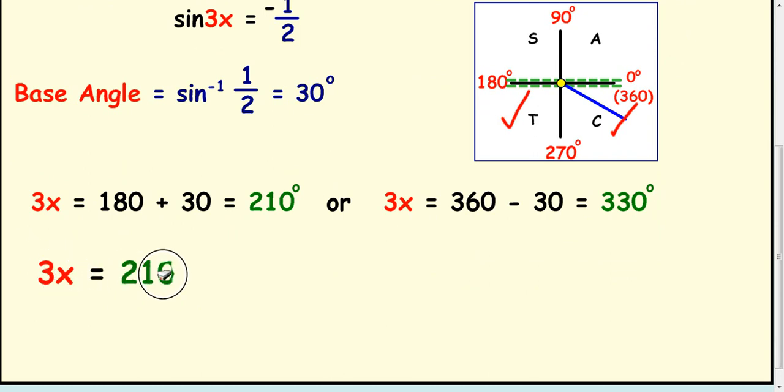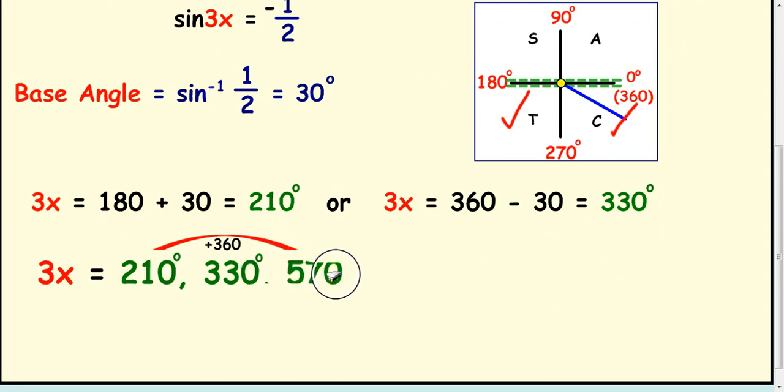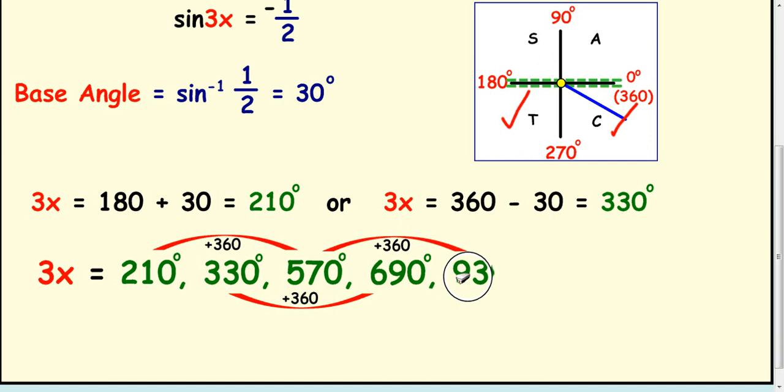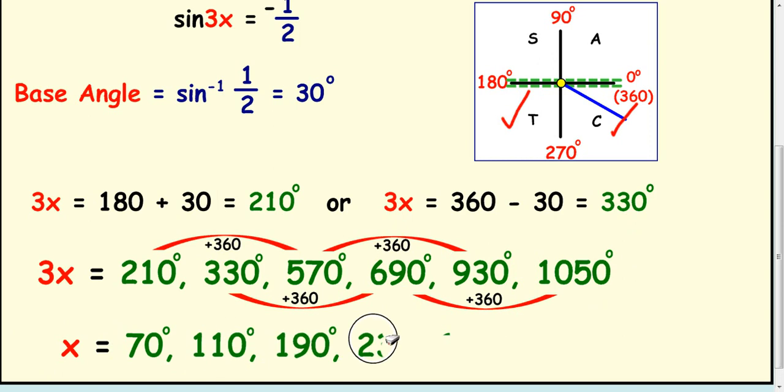So we'll start at 210 and 330, and we'll go forwards 360 from each one. So 210 forwards 360 gives you 570, 330 plus 360 gives you 690, 570 plus 360 gives you 930, and 690 plus 360 gives you 1050. 1, 2, 3, 4, 5, 6 solutions. We then divide by 3 to get all our answers.